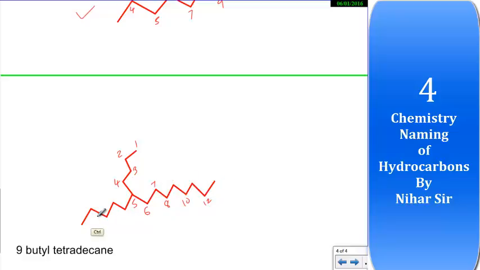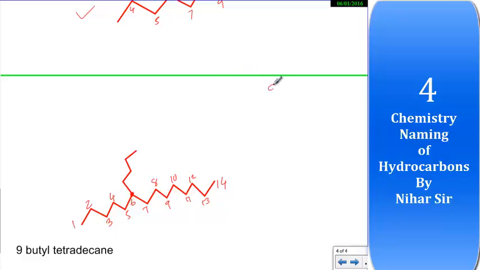So this would be better, it gives us the longest chain. So we must start from the point from where we get the longest carbon chain. So 14 carbons, and this is the branching off over here. If I start numbering from the other end, then this branching off is far from that point. So I must start numbering from here only.